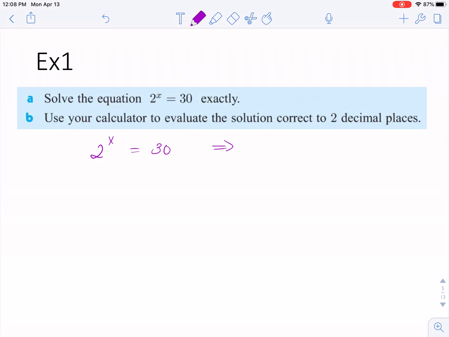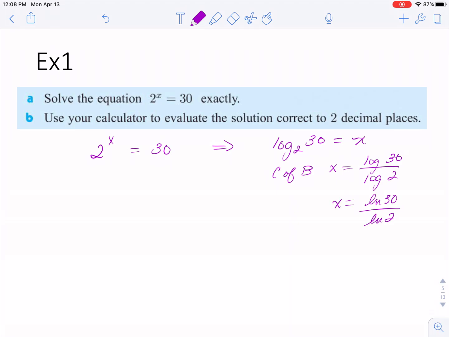In previous sections, we would say log of 30 base 2 is equal to x, and then we need to use the change of base formula to rewrite x as log of 30 divided by log of 2 with base 10, or you could say ln of 30 divided by ln of 2 with base e. But that would give us our values of x.